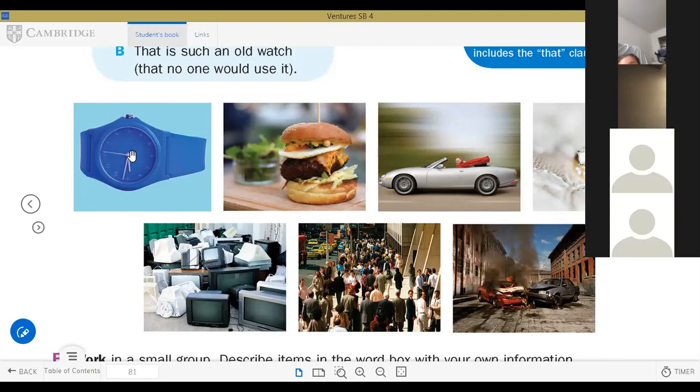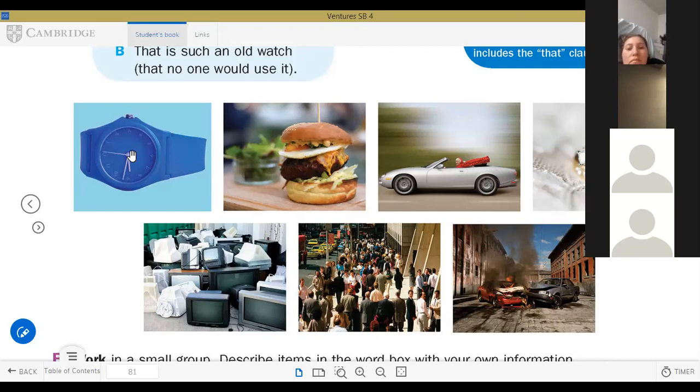That burger looks so delicious, or that looks like such a delicious burger.